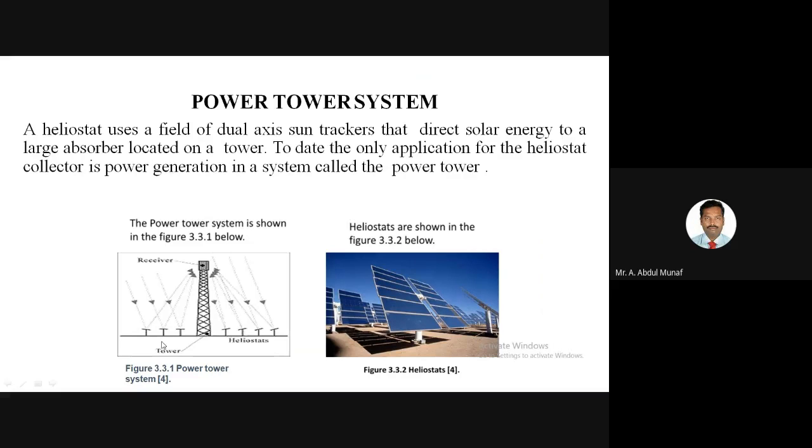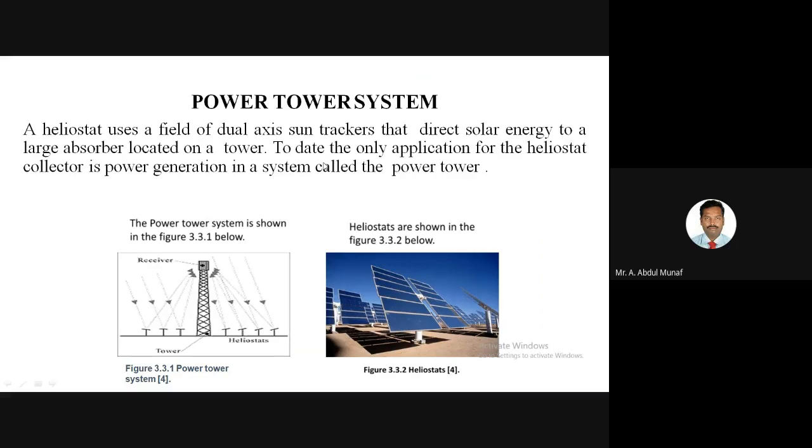You see here, this shape is acting as a solar collector. Radiation falls on the solar collector, after that it is reflected, and the reflected rays are collected at the receiver. Then from the receiver we take the output and convert that into useful work.